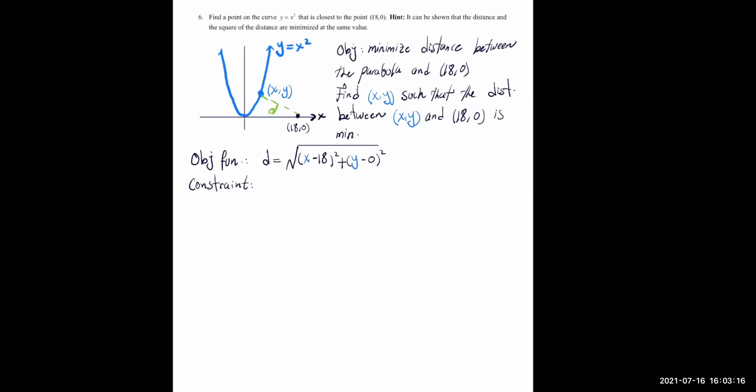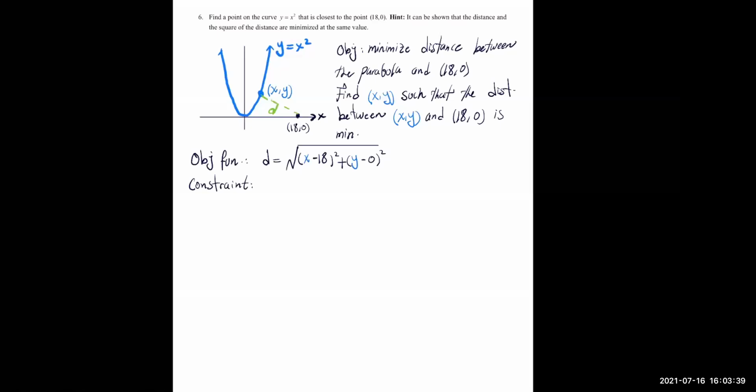That is our restriction. That's our constraint. The constraint is that this (x, y) should be on the parabola, which means that the constraint is the relation between x and y. It's looking at you right in the face. The relation between x and y is this right here.